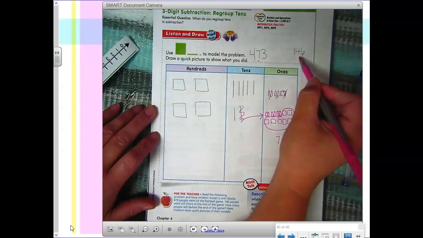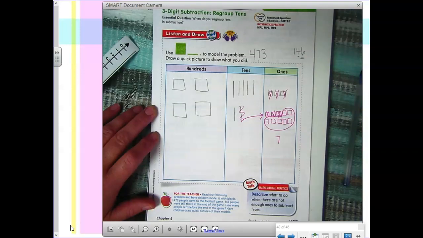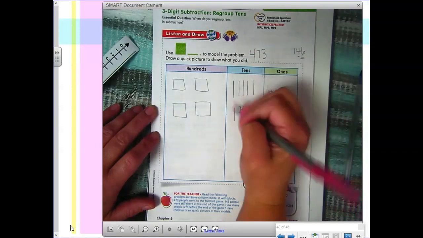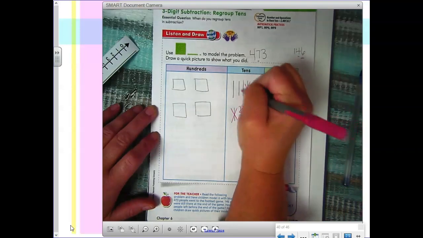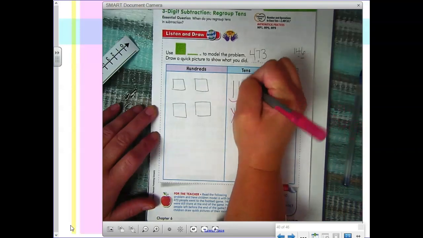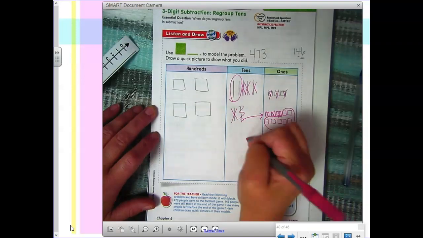Okay, in the tens place, I need to take away 4. So let's cross out 4. 1, 2, 3, 4. How many are left? 2.